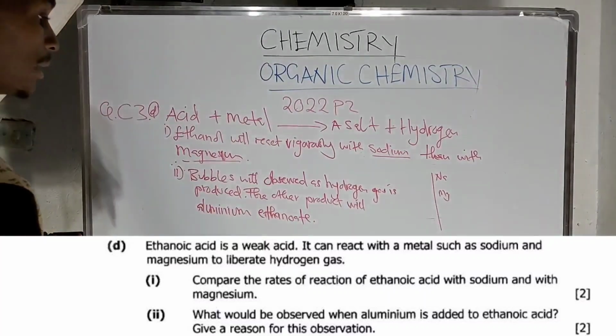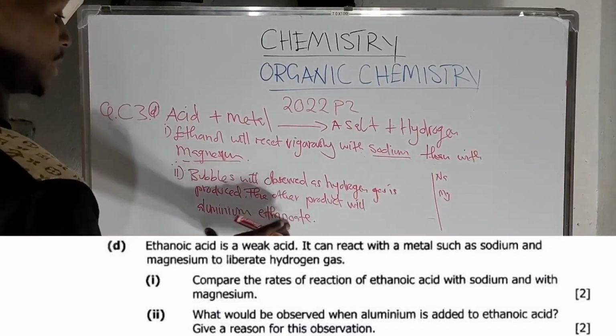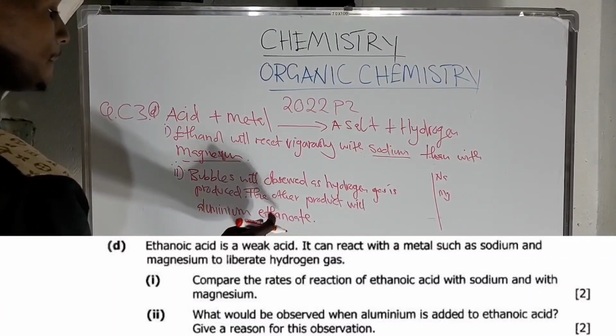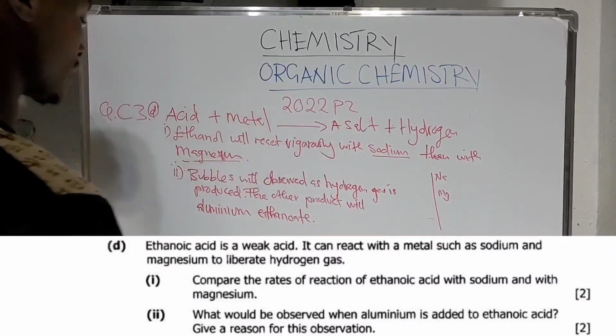Aluminum ethanoate will be the salt in this case. Then the other product will be hydrogen gas.